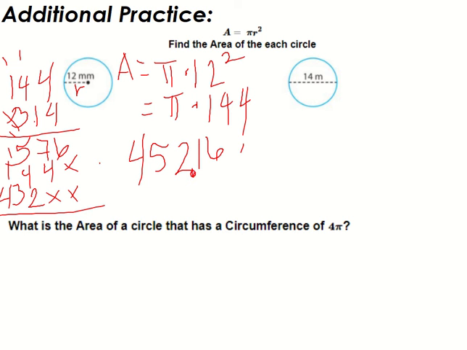We would actually say this is an approximate because, again, we used 3.14, and that's an estimate, right? Pi really doesn't equal 3.14, and we would say this is millimeters and then squared.